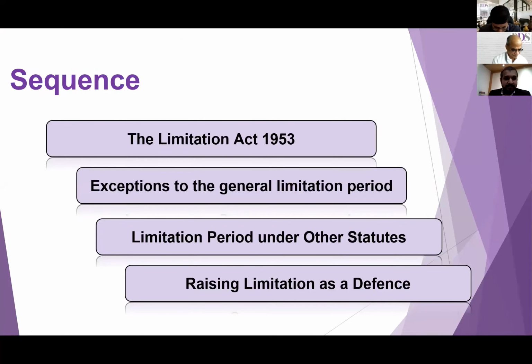I'll move on to discuss certain exceptions to the general limitation period that touch also on aspects of proceedings, and to also explain limitation periods as contained in other statutes, popular provisions which litigating parties ought to be mindful of. And I will end by discussing what is the procedure which litigants ought to abide by in using limitation as a defense.